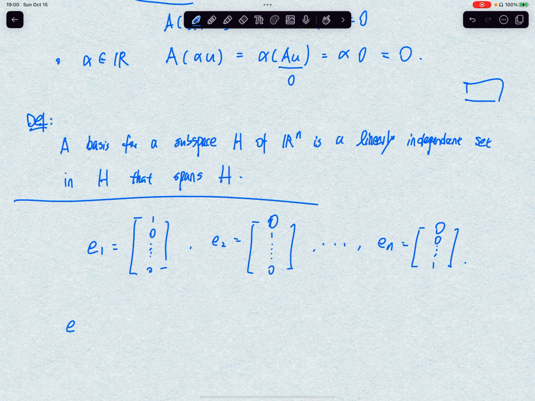So obviously this set e1, e2, up to en, its span is just Rn. And this is called the standard basis.